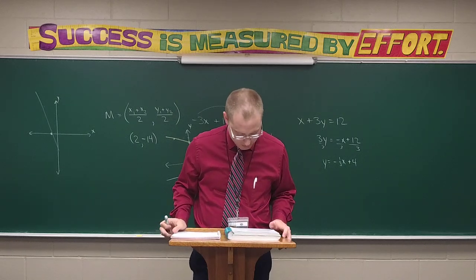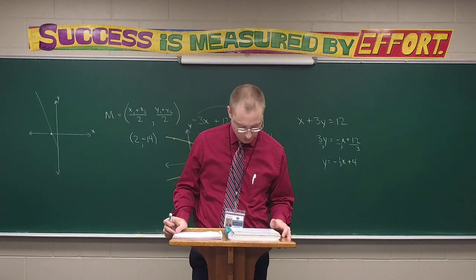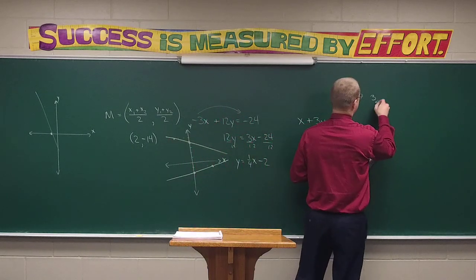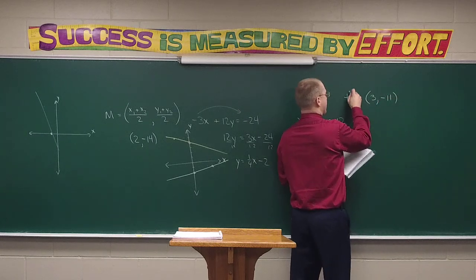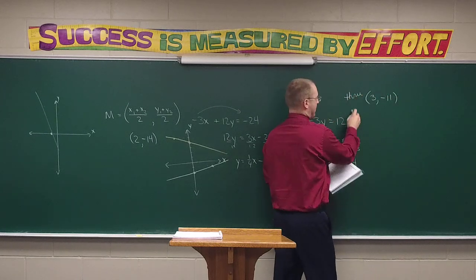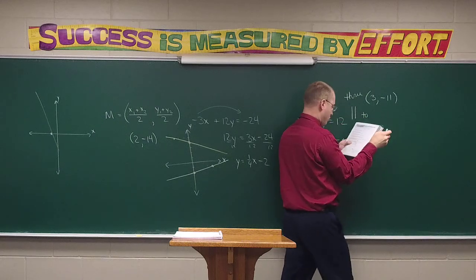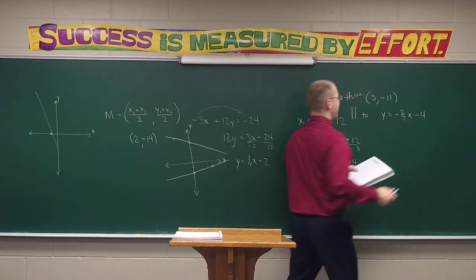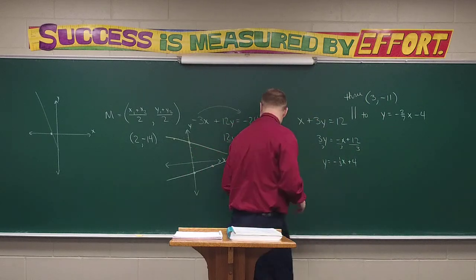Write the equation of the line that passes through a given point and is parallel to the given line. So they give us the point (3, -11), and they say that our line has to go through that point, and it's going to be parallel to y equals -2/7 x minus 4. Kendall, how do I find the equation of this line?